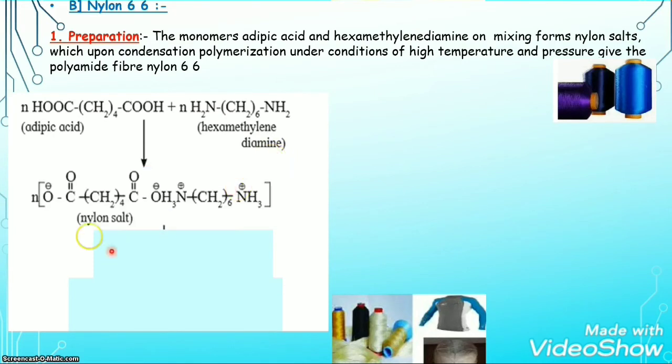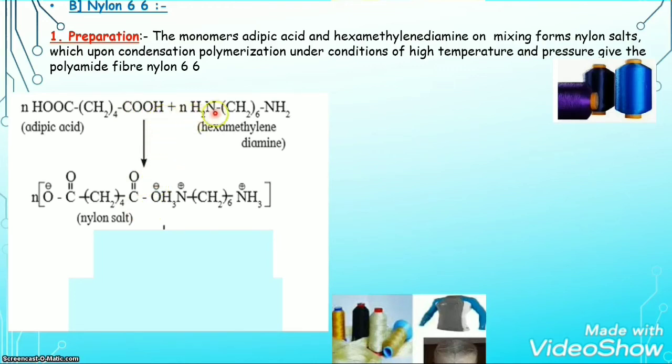Now observe the structure of the nylon salt. As hydrogen is lost during formation of nylon salt, the structure will start with O, which carries the negative charge, C double bond O, then CH2 4 times, then C double bond O, then again the next oxygen that will also carry a negative charge due to the loss of hydrogen.